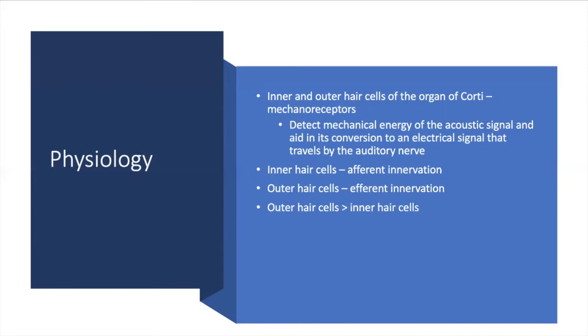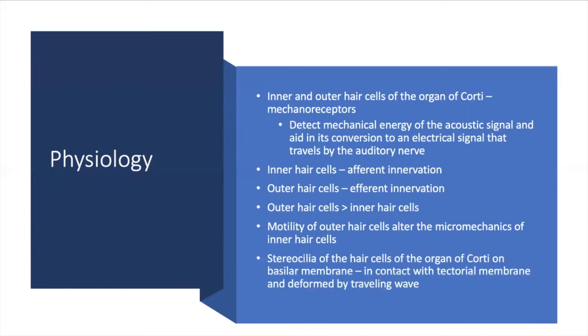The outer hair cells outnumber the inner hair cells by nearly 6:1. The motility of the outer hair cells alters the micromechanics of the inner hair cells, creating a cochlear amplifier, which explains the exquisite sensitivity and frequency selectivity of the cochlea.